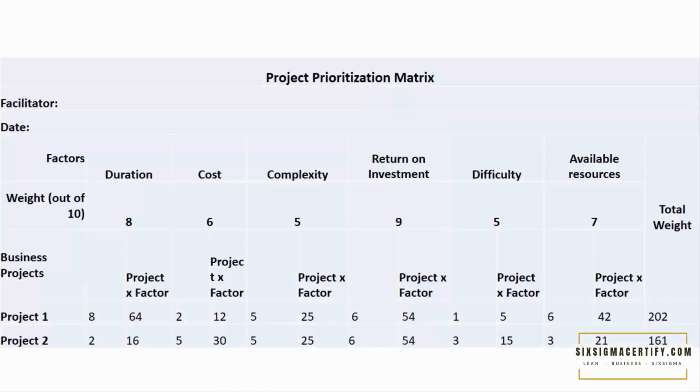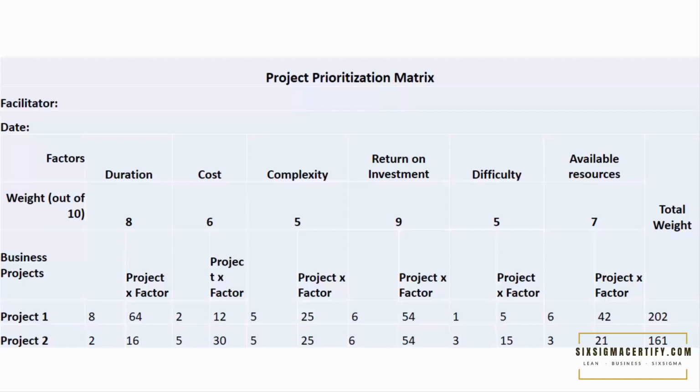This is a project prioritization matrix where we try to prioritize and find out which projects we should select. For example, in this scenario, we are prioritizing two projects, project 1 and project 2, based on different factors: duration, cost, complexity, return on investment, difficulty, and the available resources.